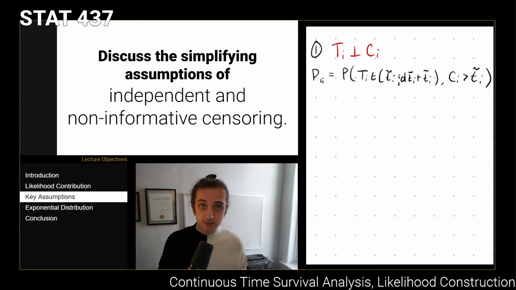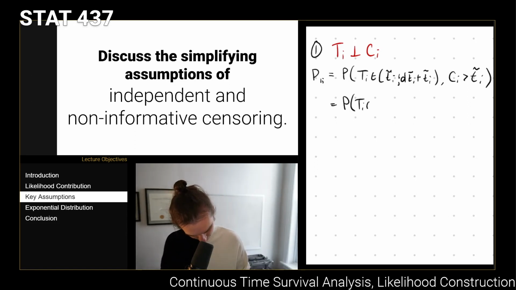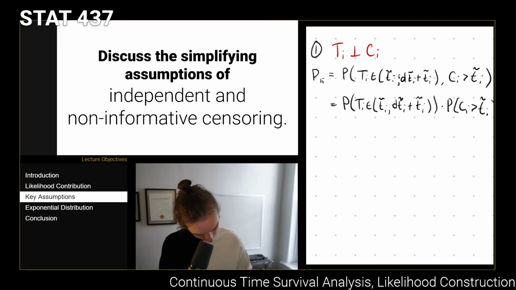But if these two expressions are independent, if Ti is independent of Ci, this becomes the product of these two. So it's the probability that Ti is in this interval, times the probability that Ci is greater than T tilde i here.